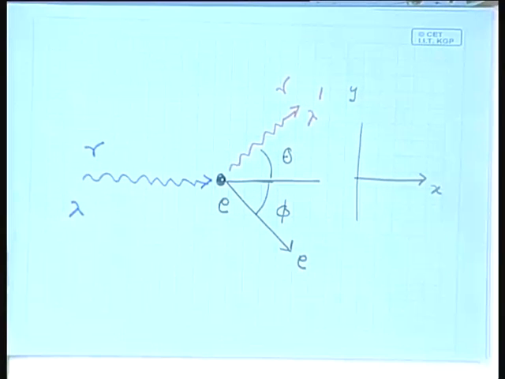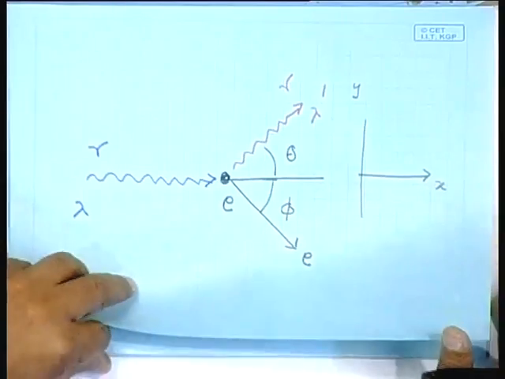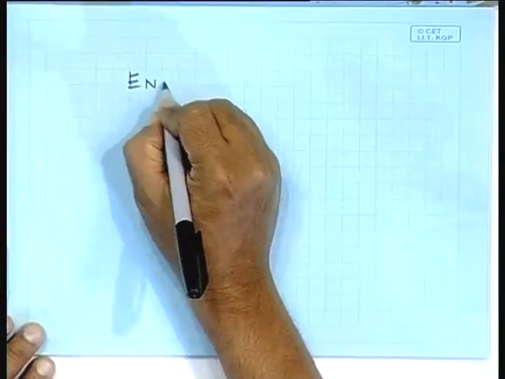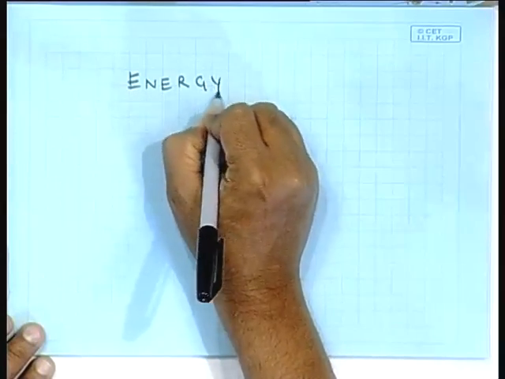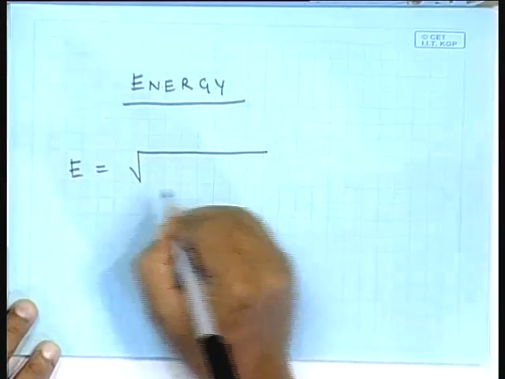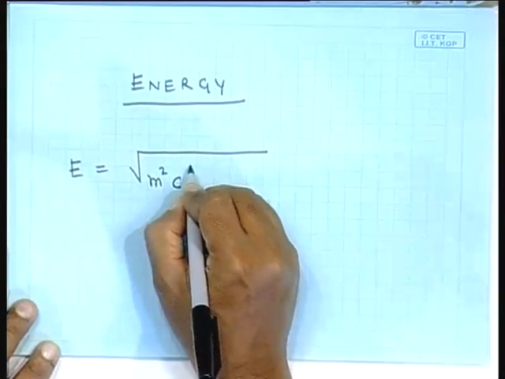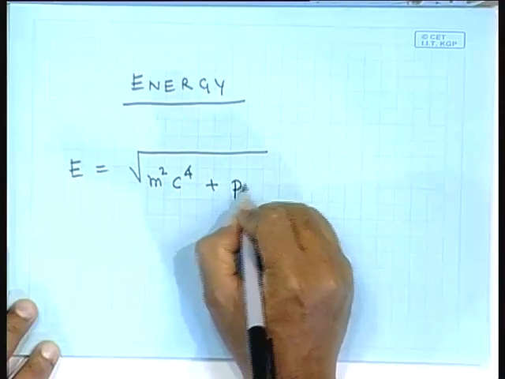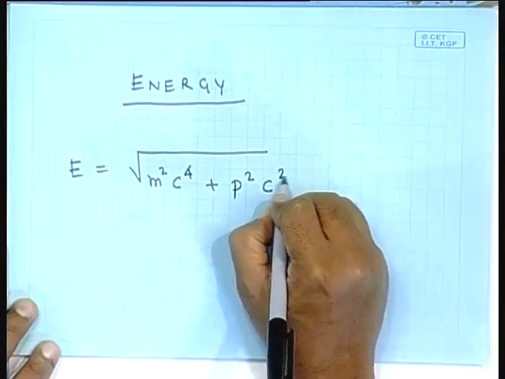So, this is an interesting question, and Einstein's theory of relativity tells us that a particle has energy even when it is at rest. And the way to calculate the total energy of a particle which is moving in Einstein's theory of relativity, let me write that down for you, is E squared equals m squared c to the power 4 plus p squared c squared.